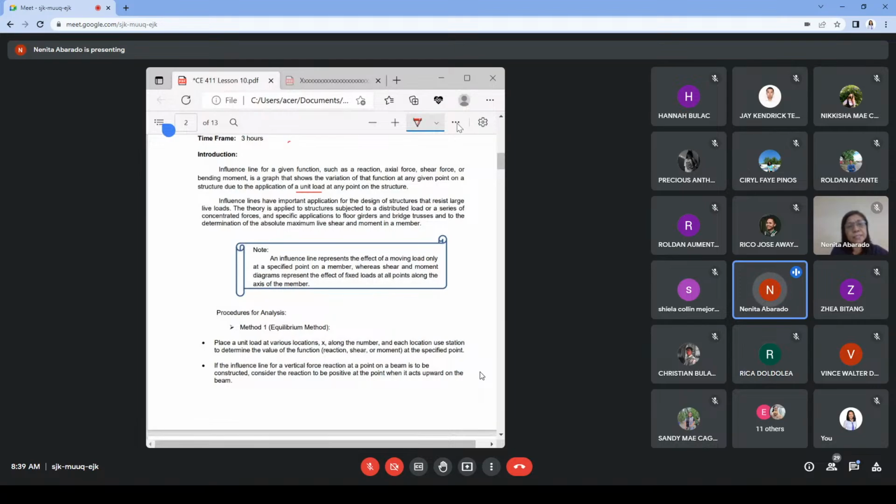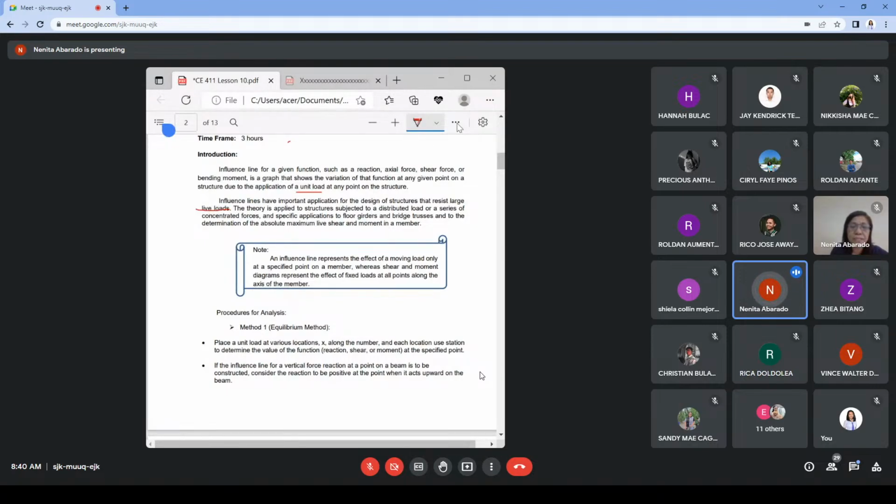The application of this is very important for the design of structures that resist large live loads. No, resist live loads. The theory is applied to structures subjected to a distributed load or a series of concentrated load. No, we are going to have the loadings, pwede ang distributed load, pwede ang series of concentrated load.